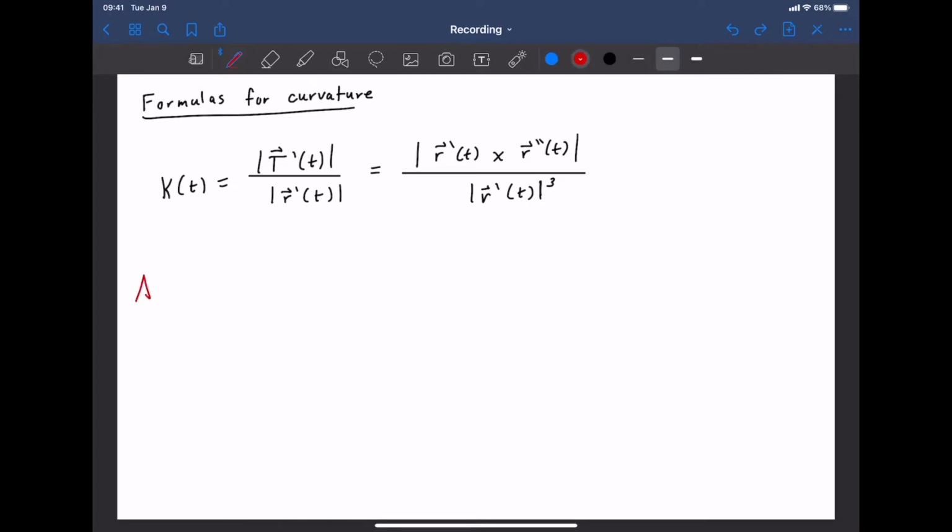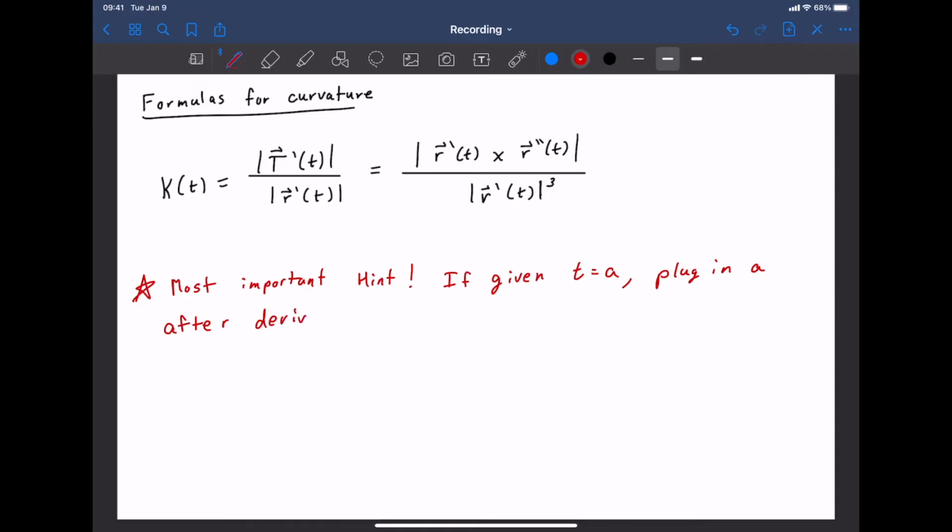The most important hint I can give you: if given a specific time, t equals a, plug in a after your derivatives, obviously.